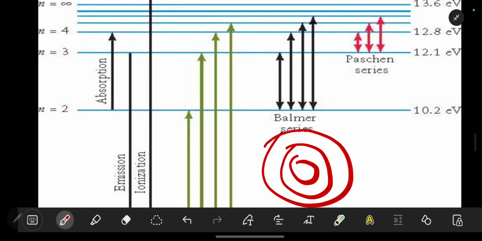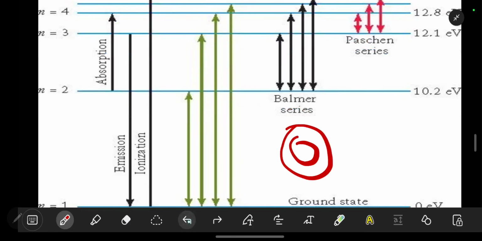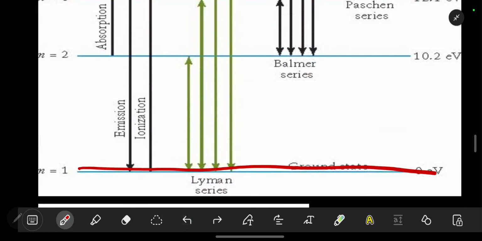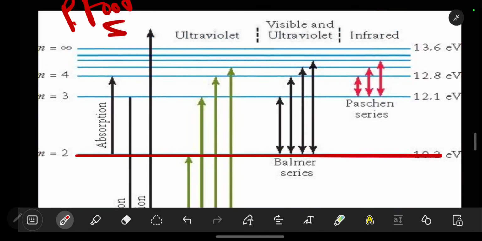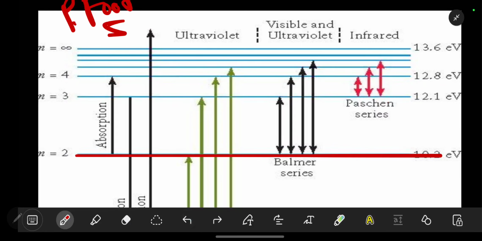You cannot manage to draw shells like this, so that's why they are put in lines. So this is energy level number 1. Number 2, there is quite a big gap. Number 3, there is quite a big gap. Then we have number 4, number 5. They continue like that. The more you go, the more they increase.